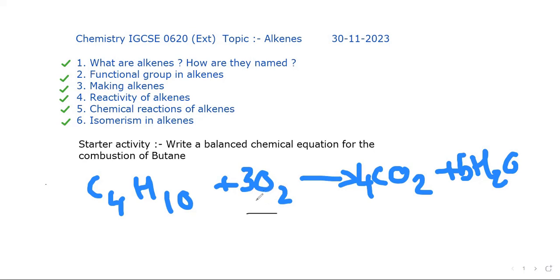It means 6 oxygen. No, that's wrong. Let me count the oxygen here. We are having 8 oxygen here, and 5 oxygen. 8 plus 5, it makes 13.